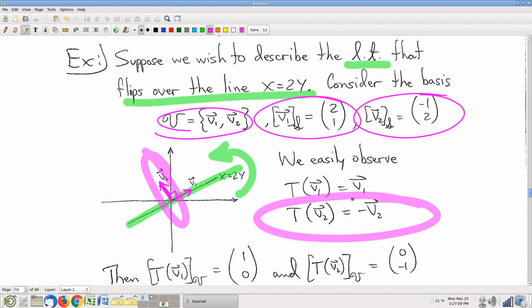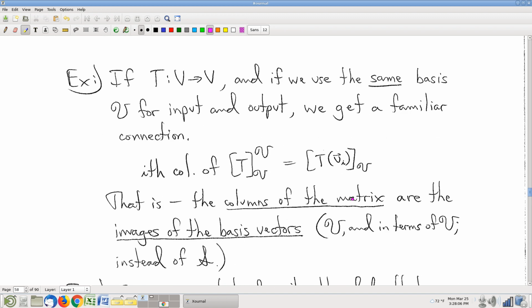Now, what are these images with respect to the standard basis, you may ask? And I'll point out, who cares? We don't need to know what those vectors are with respect to the standard basis. We're not using the standard basis. We've picked a basis to use for both the input and output. What I need to know is how to write those images with respect to that basis, not the standard basis. Who cares about the standard basis?